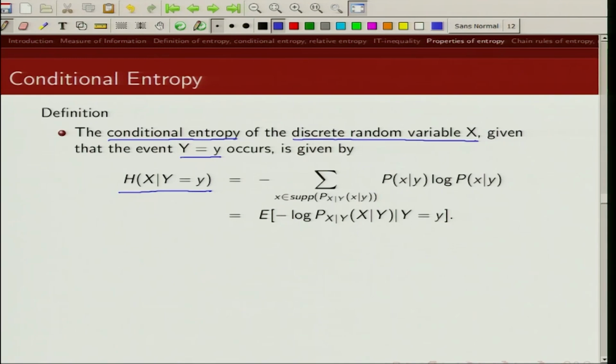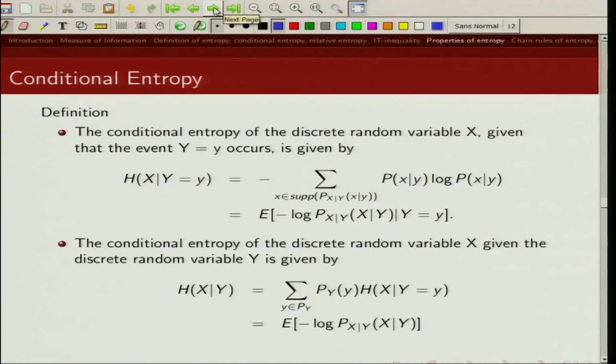It is given by this expression, which is minus summation over the support set of this conditional probability distribution of p of x given y, times log of p of x given y. So this is basically the expectation of minus log of p of x given y equal to y, a particular event has occurred.